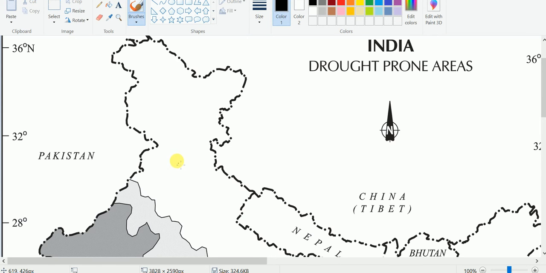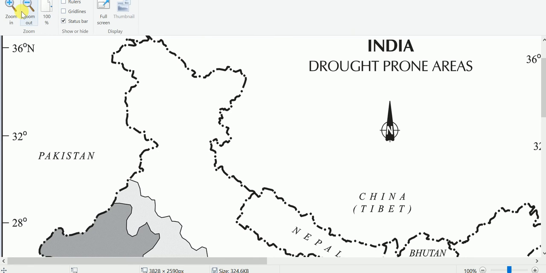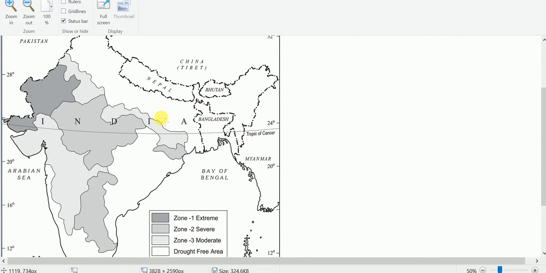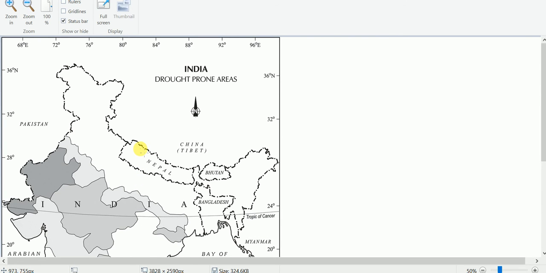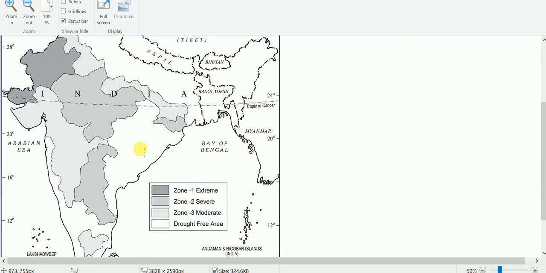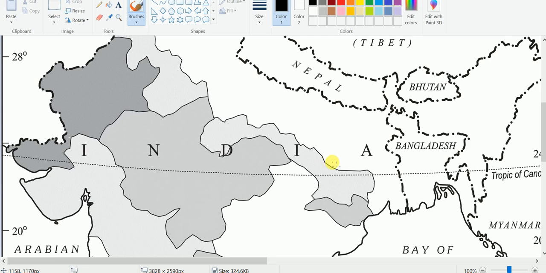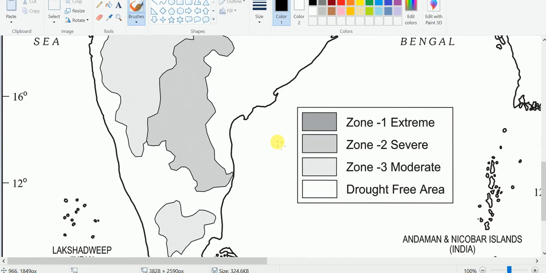Do you remember this map? It has been taken from the last chapter of the class 11 textbook, India Physical Environment. This map shows drought prone areas. Just see the codes, given in gray scales.